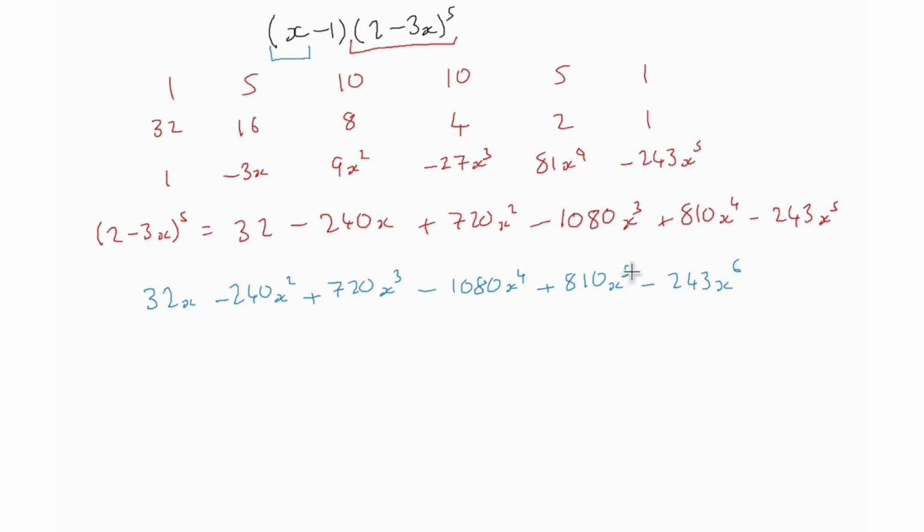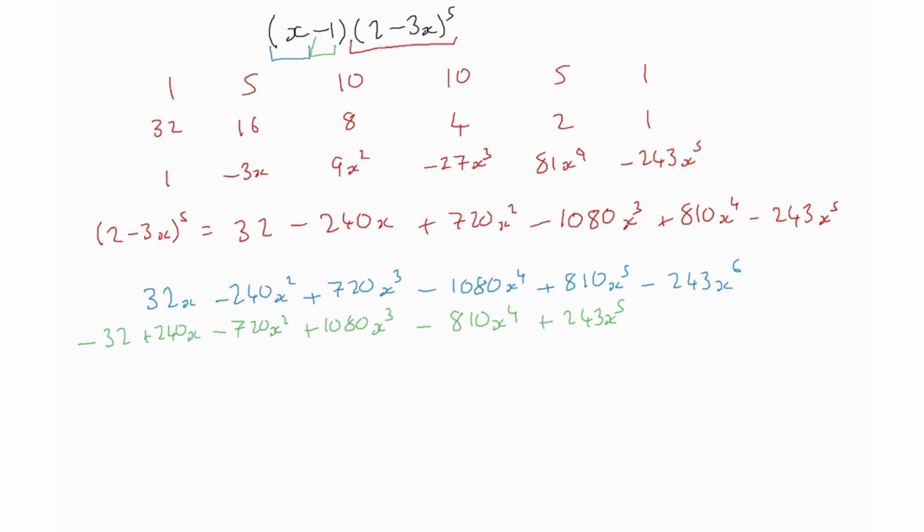And multiplying everything by minus 1 would give me minus 32 plus 240x minus 720x squared plus 1080x cubed minus 810x to the 4 plus 243x to the 5.